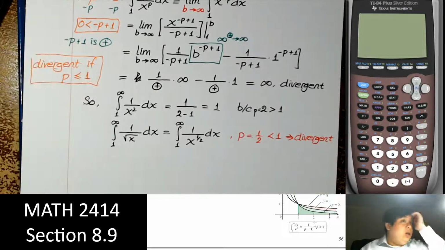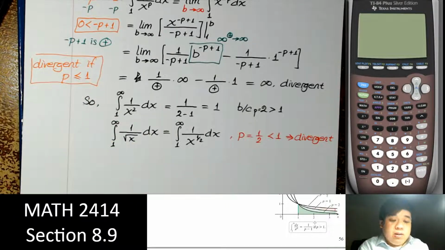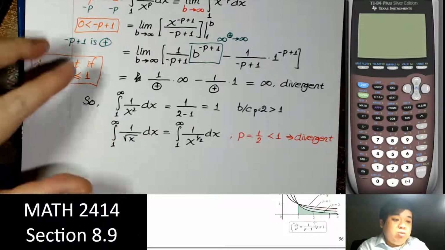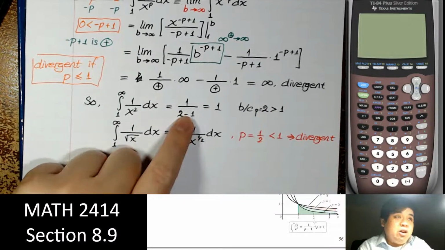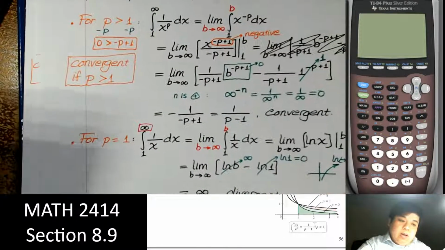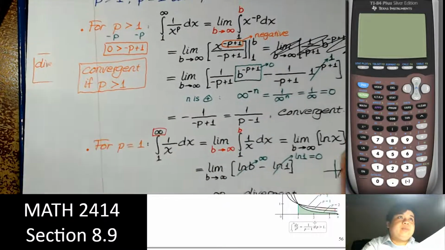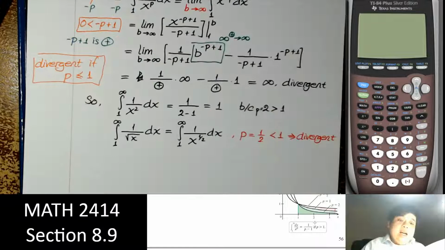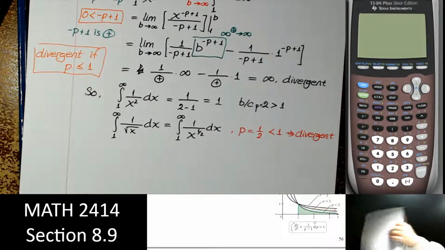In the homework, you might have to work it out, but it can be shown. In general, if p is bigger than 1, it will be convergent, and the value is 1 over p minus 1. If it is less than 1, it will be divergent. There's no value for it.